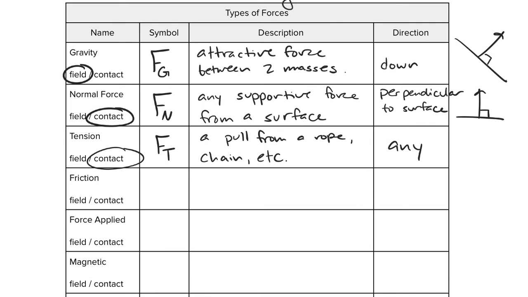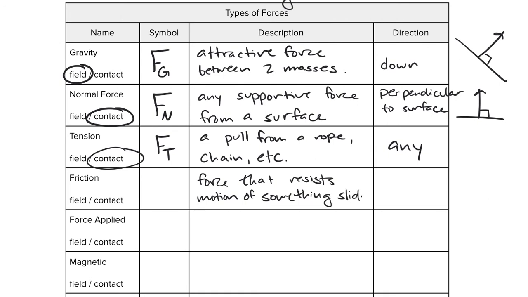Next up is friction. Friction you should know about. It is a force that resists motion. We can go ahead and put that in the description. It usually comes from sliding or rubbing. So resists motion of something sliding is what we'll put.